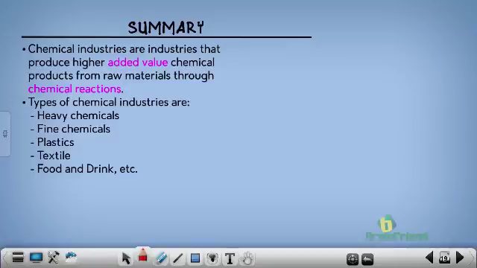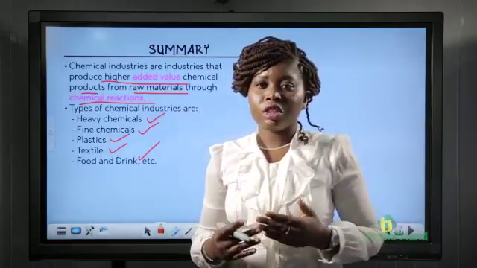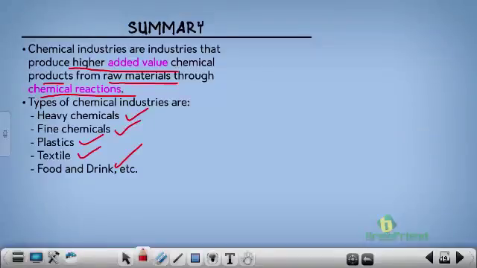We have come to the end of our class. Let us take a quick summary of all we have learned. We say that chemical industries are industries that produce higher added value chemical products from raw materials through chemical reactions. And we also say that there are varieties of chemical industries available: heavy chemicals, fine chemicals, plastics, textile, food and drink, etc. We also say that chemical industries are important to individuals and to the nation.